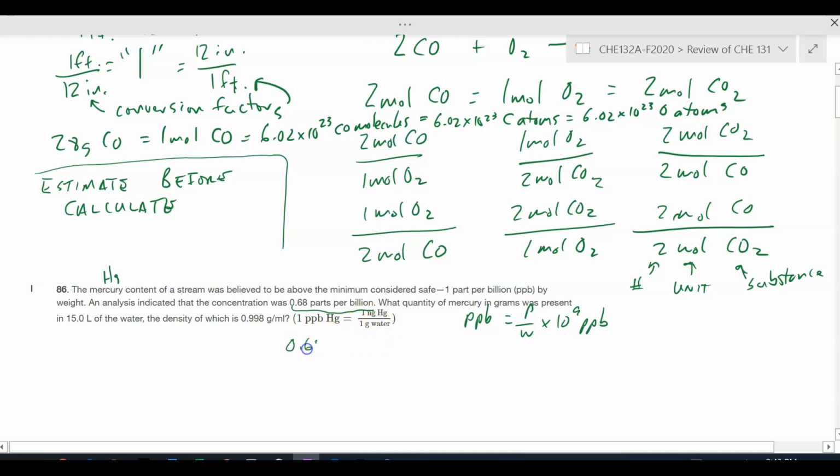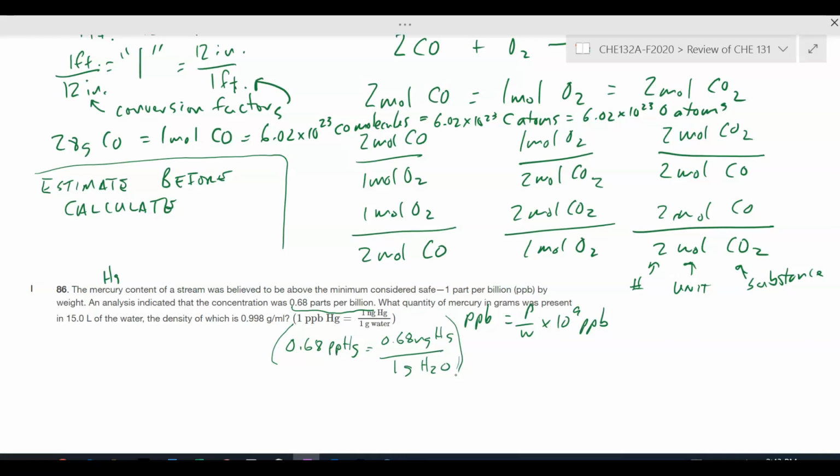So 0.68 ppb is going to be 0.68 ng Hg, nanograms of mercury, over 1 gram of H2O. So by analogy with this, we're using that 0.68 ppb, changing the nanogram mass from 1 to 0.68, and keeping the 1 gram of water there.